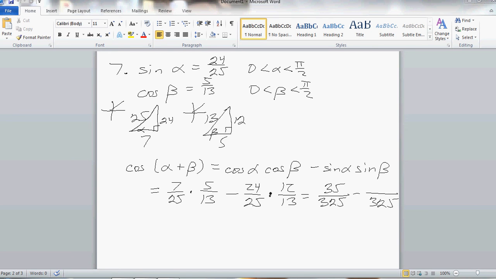And 24 times 12 is 288. So we get 35/325 minus 288/325 will equal negative 253/325. And that is the exact answer.